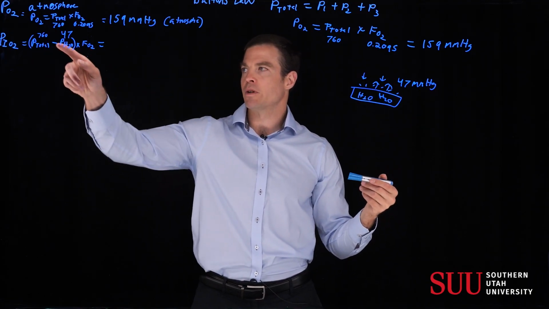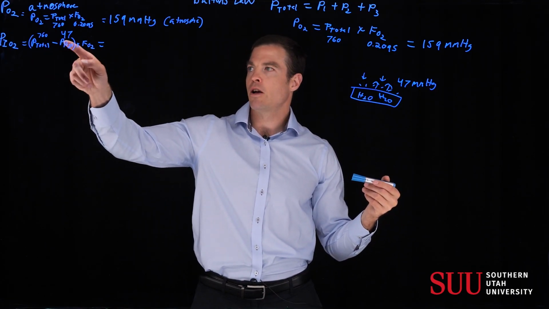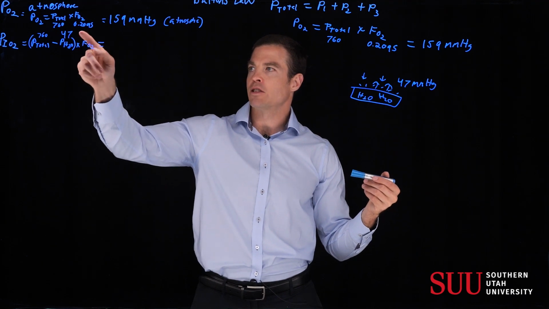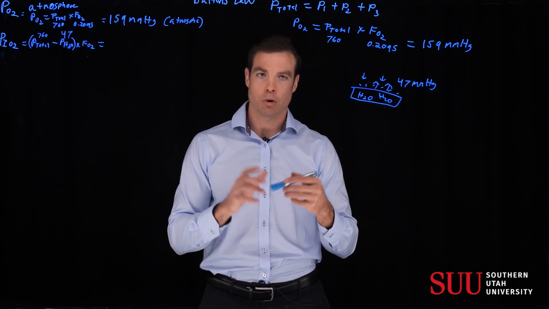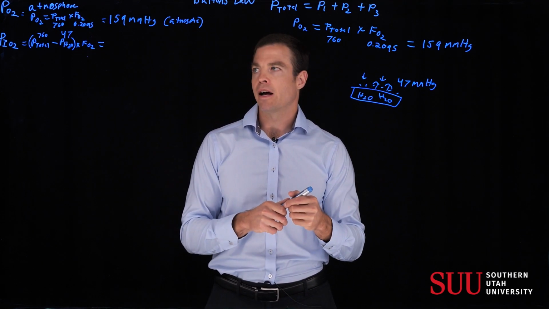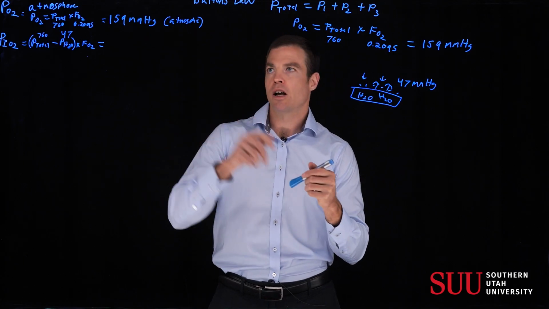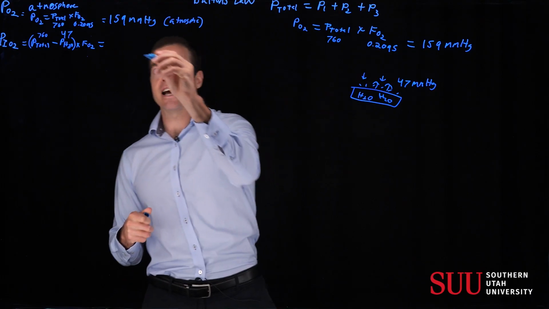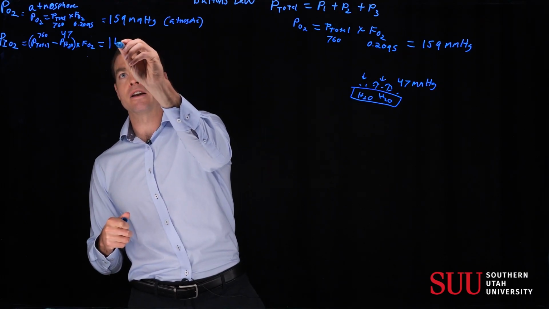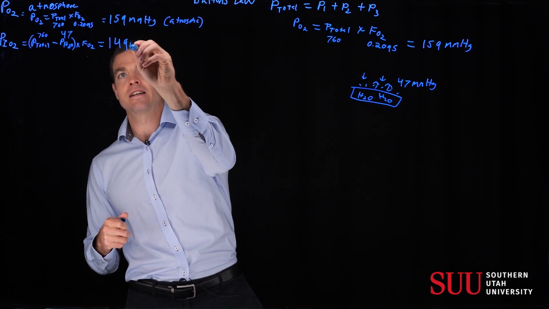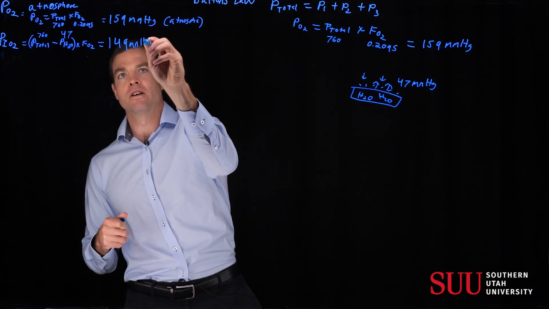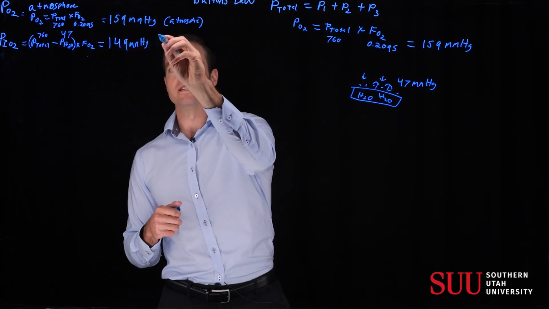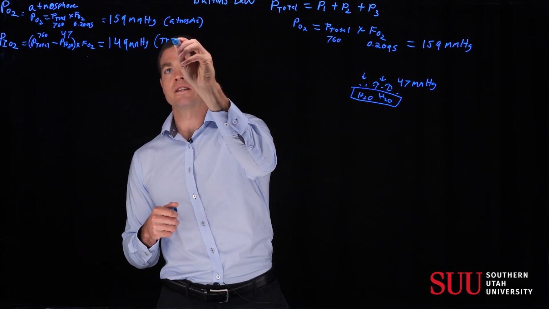And when we take 760 minus 47 and multiply it by the 20.95%, then we're going to get the actual inspired pressure of oxygen. And that ends up being about 149 millimeters of mercury.